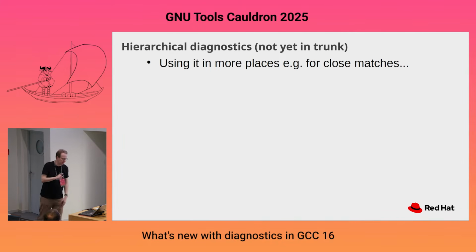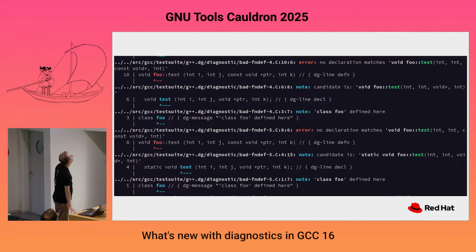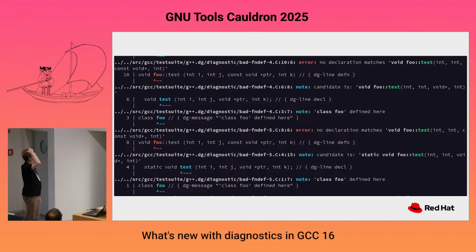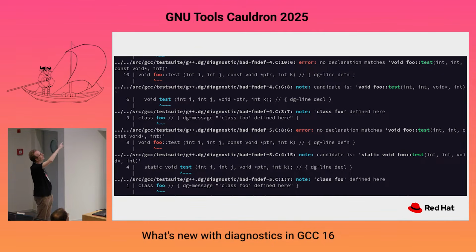There are some things that I've been playing around with, and these aren't in trunk yet. I don't know if Jason's in the audience. No, I haven't actually sent this to the mailing list yet because I haven't quite got the test suite to pass with it. So here's an example. I make these sorts of mistakes all the time, where we've got no declaration matches foo::test(int, const void*), and then the candidate is foo::test(int, void*), and I'm thinking, something doesn't quite match.